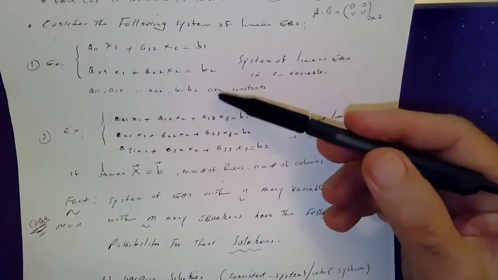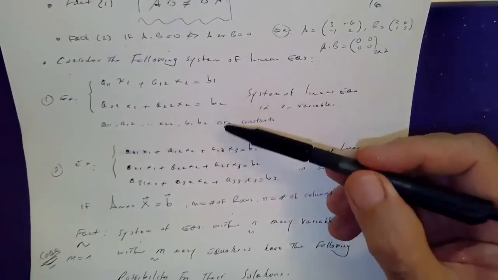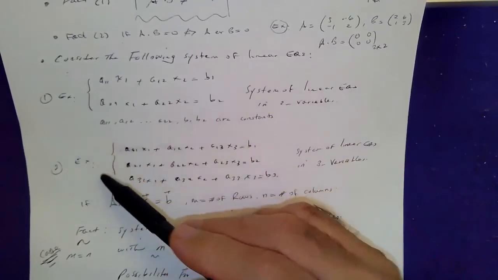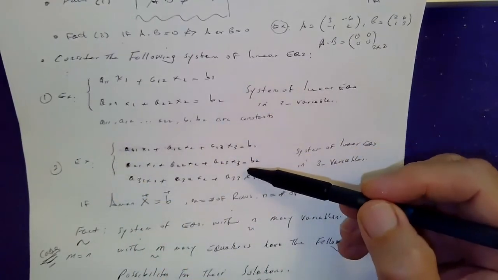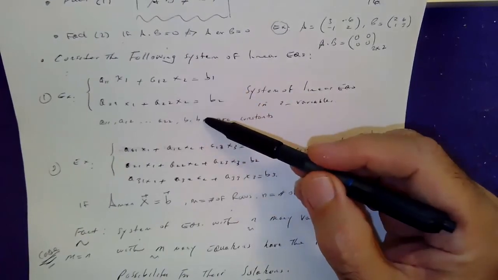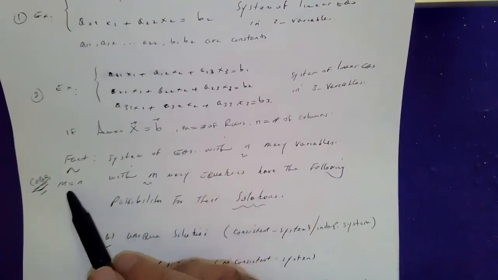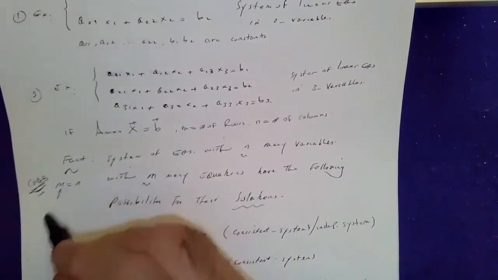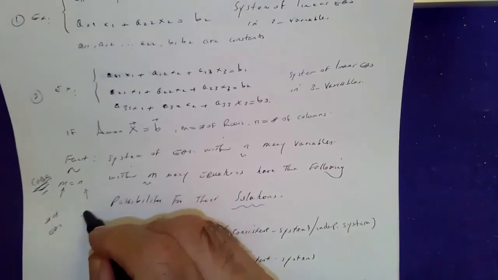So in these foregoing questions, like the last two examples, number 1 and 2, m as in Mary is equal to n as in Nancy, because I have two equations, two unknowns, three equations, three unknowns. So this is the case where the number of equations matches the number of variables.